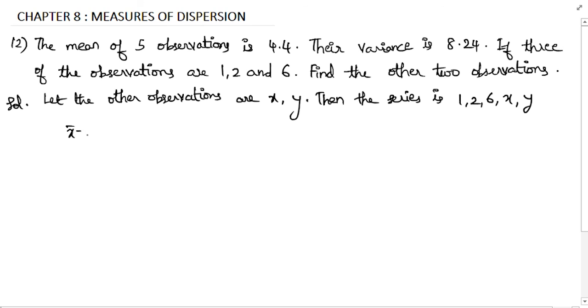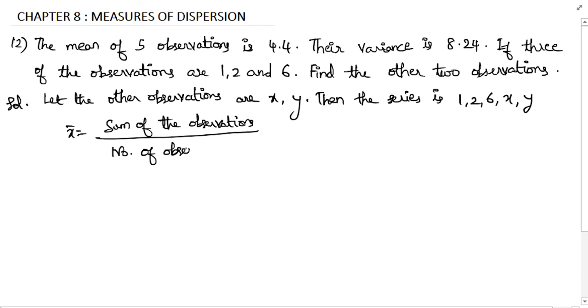Okay, now we know that the mean is equal to the sum of the observations divided by the number of observations, right? This is for ungrouped data.